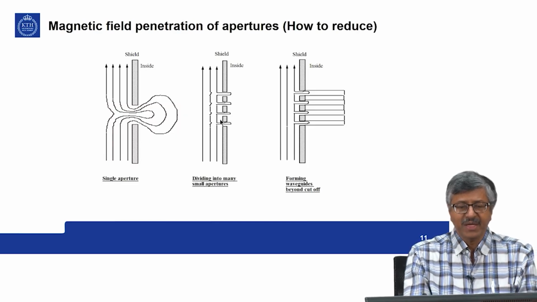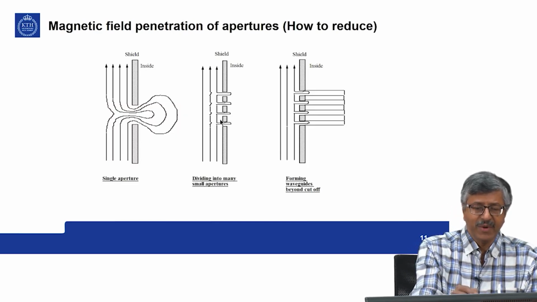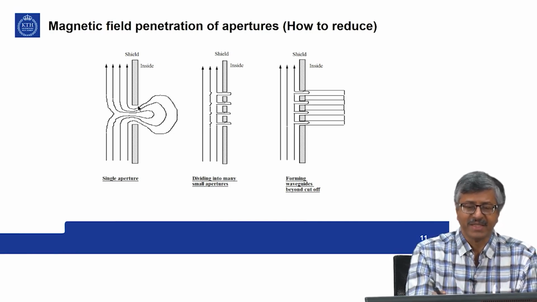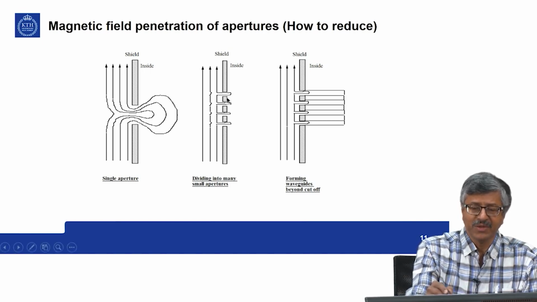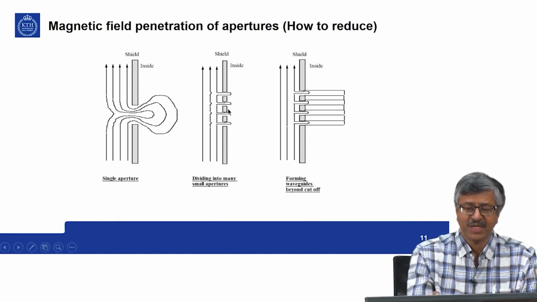So, one way is that you divide these holes. You need certain surface area for the hole to have proper ventilation, let us say. So, instead of providing one hole, you provide a series of holes or a mesh.